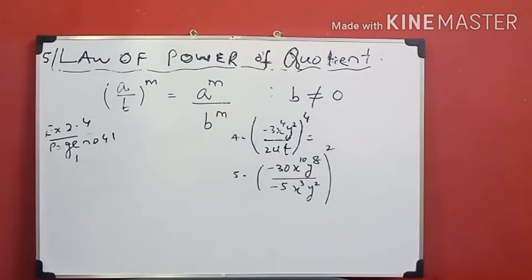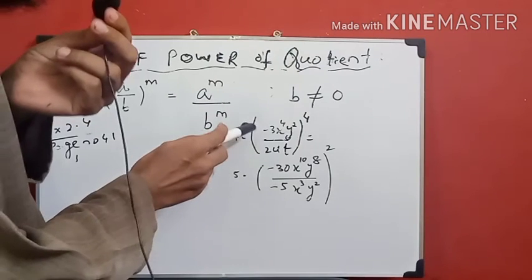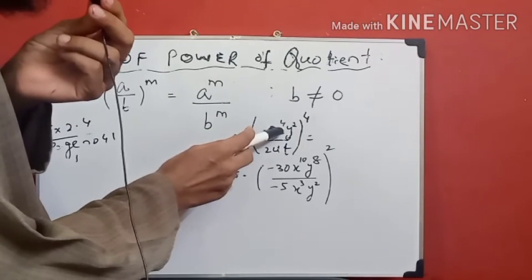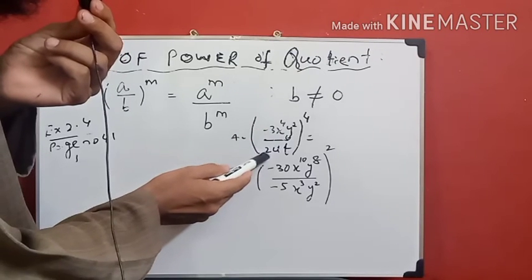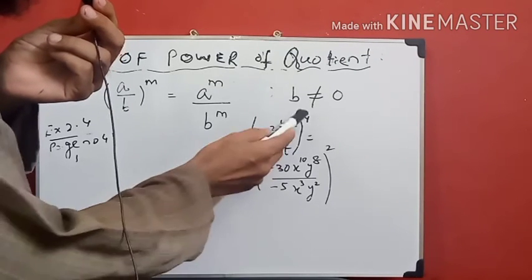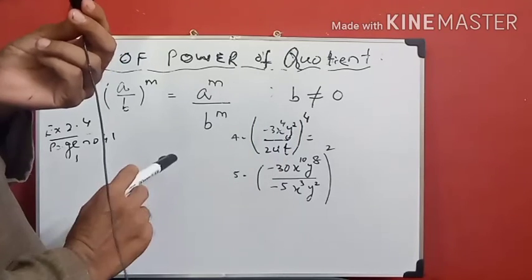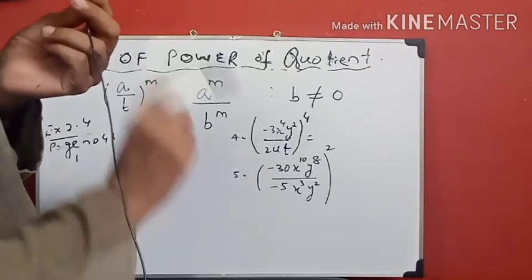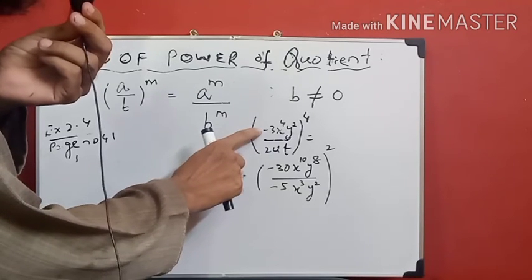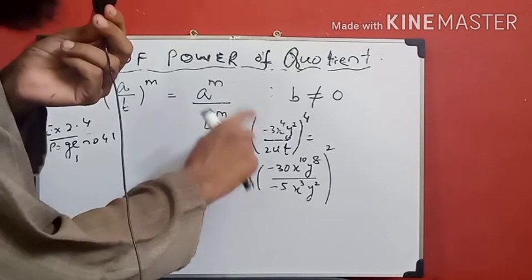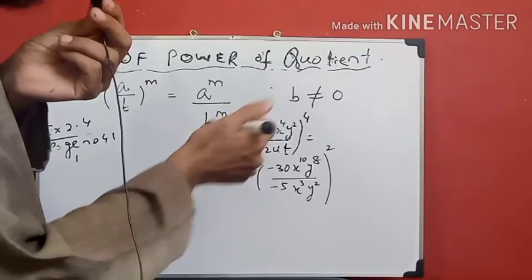Students, now come to question number 4. Minus 3 x raised to power 4 y square upon 2 u t, whole raised to power 4. That means in the first step we decide whether the negative sign remains or not.